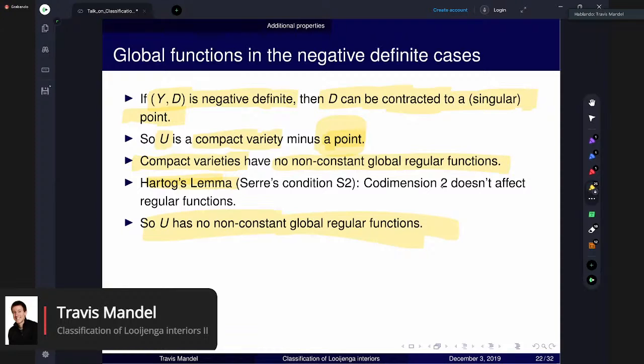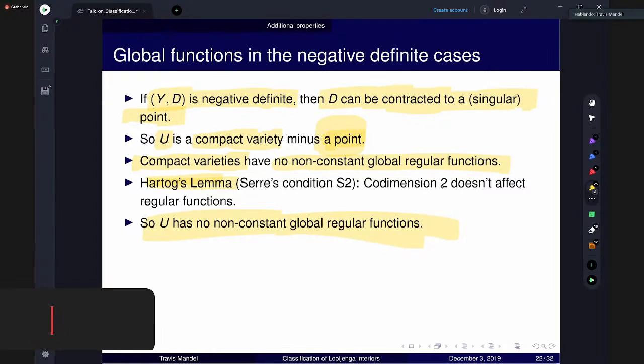So, Gross-Hacking-Keel have this construction of theta functions for the mirror to U, and you can actually identify U with a fiber in the mirror. So then they get theta functions on U. But these theta functions, in general, might be formal Laurent series.